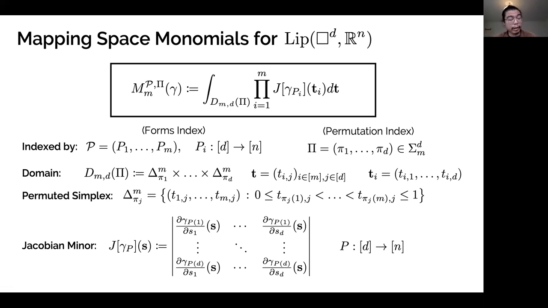One way to think about this is that we're taking these multiply iterated integrals of the Jacobians of the underlying map. And we can see that if we restrict ourselves to D equals 1 here, these Jacobian minors end up just being ordinary derivatives. The domain is just going to be a single permuted simplex, and we can get back the path space monomials.